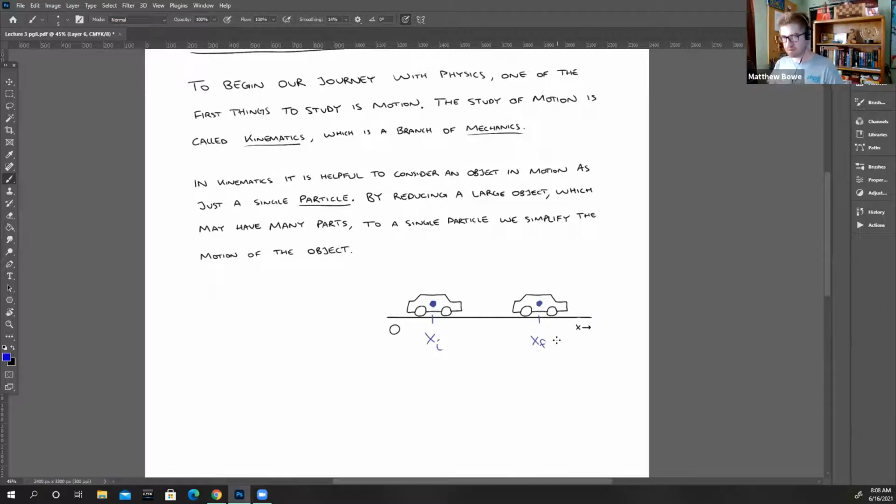Now the difference of these two positions, you can say difference in position or change in position. That is also a good thing to call displacement.